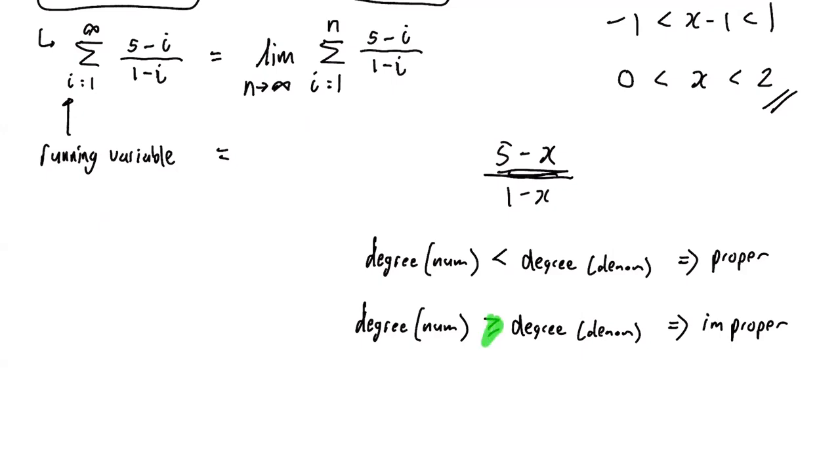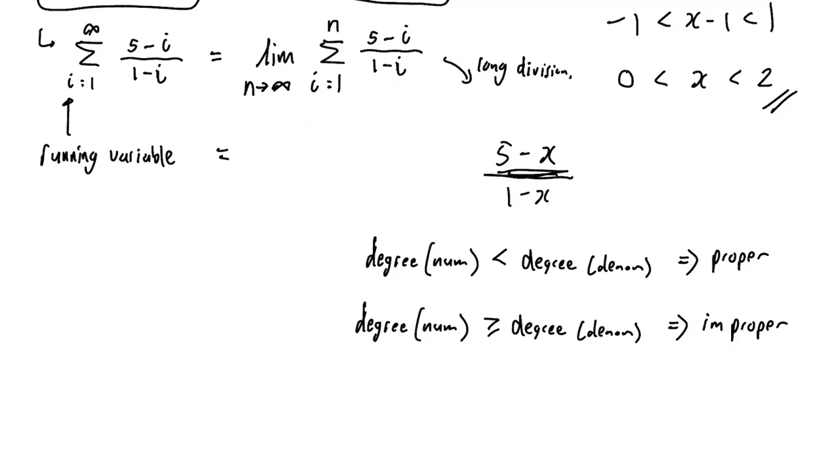If it is more than or equals, then it will be improper, either case. So in this case, degree 1, so it's improper. So we can do long division. One way is long division, but that's a bit long-winded, so I don't want to do that.